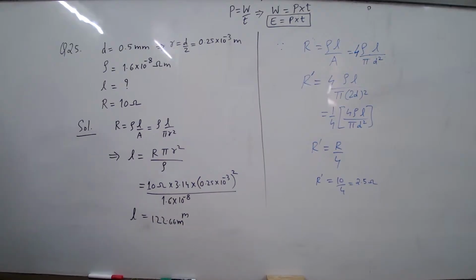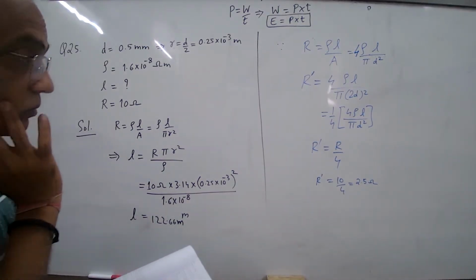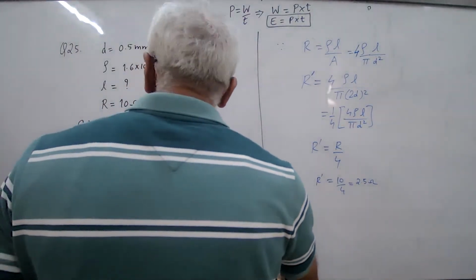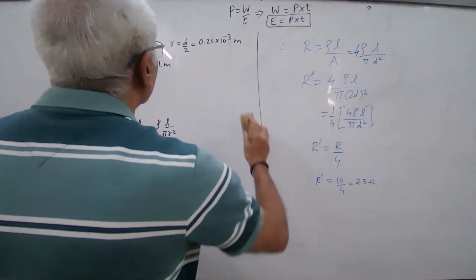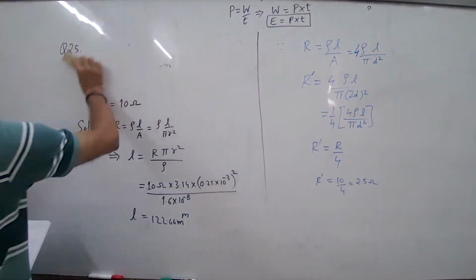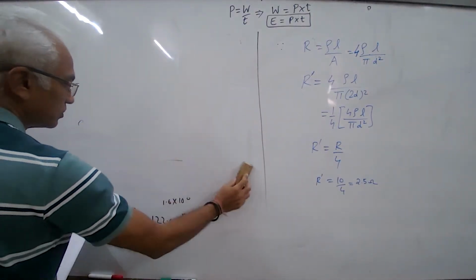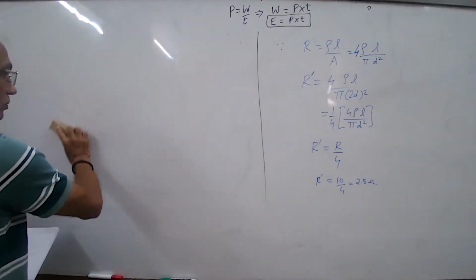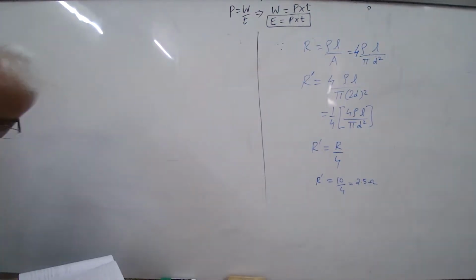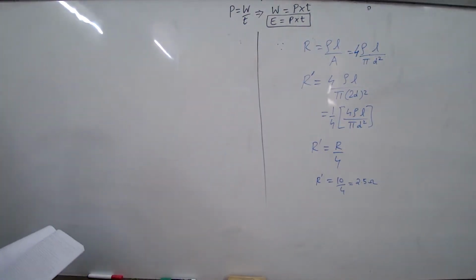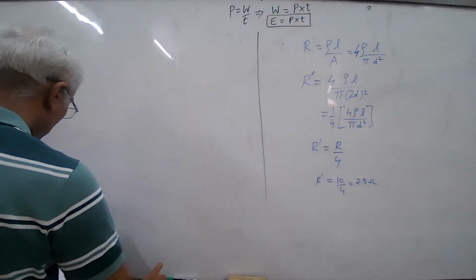Okay. Next. Plot a graph between V and I and calculate the resistance of that resistor. So how will you plot a graph? Can you plot a graph? What scale will you choose?